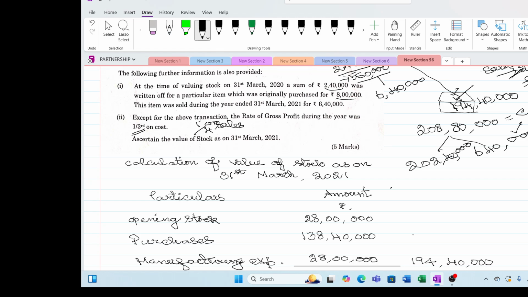So now this 240 lakhs were sold at a margin of 1/4 or 25%. So if you remove the gross profit margin, you will get the cost of the goods sold, this item.